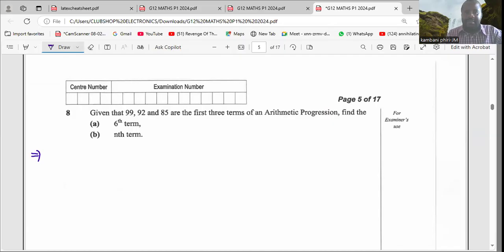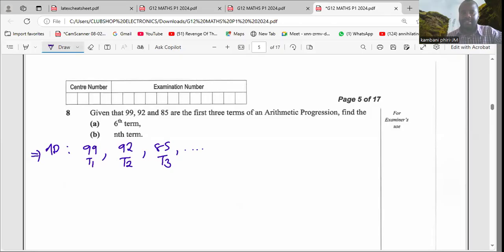Now, given that 99, this is like our first term, then 92, this is our second term, and 85, this is our third term, are the first 3 terms of an arithmetic progression.